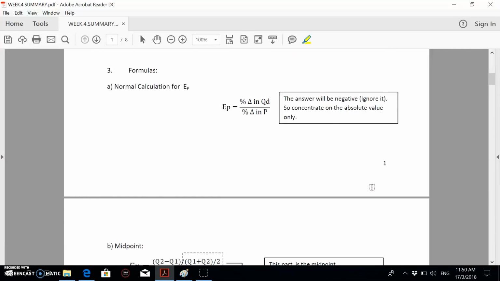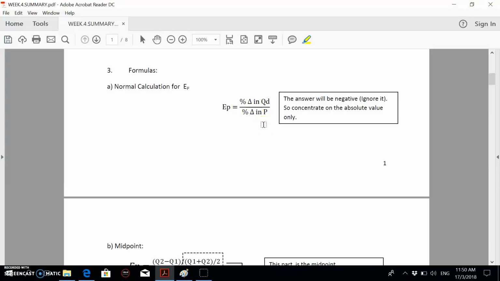So here is the formula. I know that the majority of you know this formula, especially those who already took microeconomics during Form 6, matriculation, or diploma. This is the very basic formula: EP equals percentage change in quantity demanded over percentage change in price.